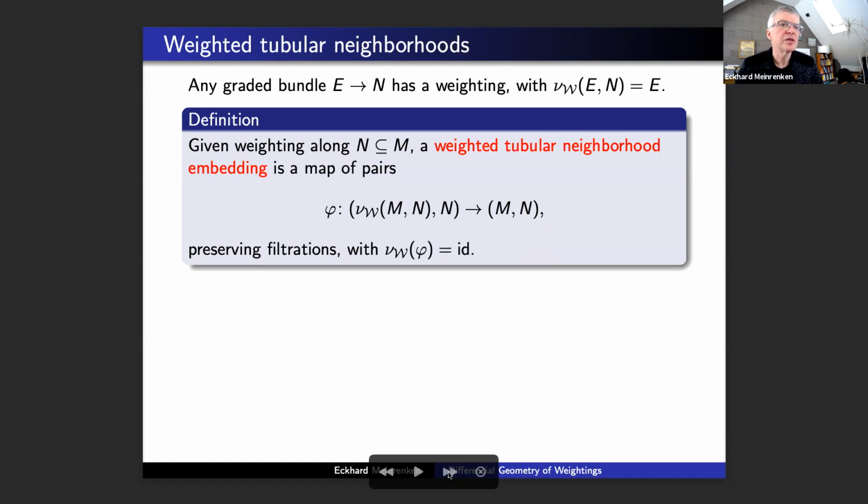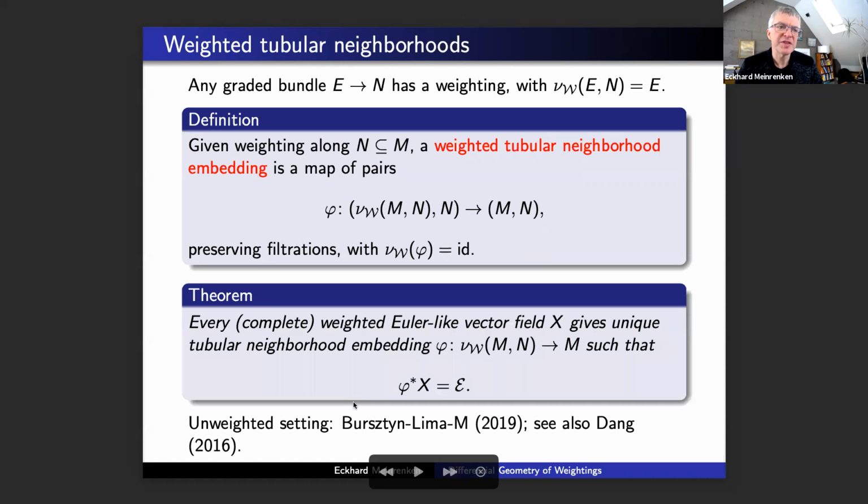Right, and the theorem is that if you have a weighted Euler-like vector field, it determines a unique tubular neighborhood embedding. So weighted Euler-like vector field and weighted tubular neighborhood embedding is basically the same thing. It determines a weighted tubular neighborhood embedding in such a way that the Euler-like vector field becomes the Euler vector field.